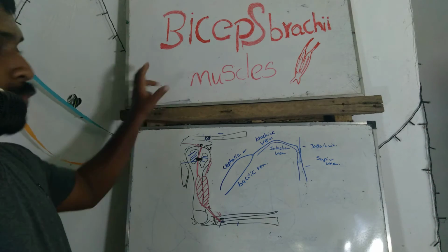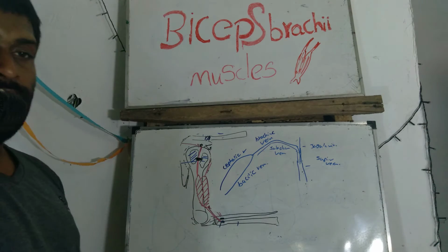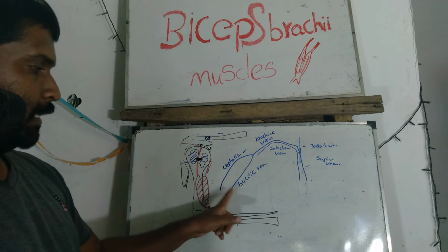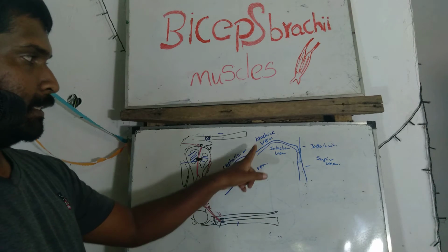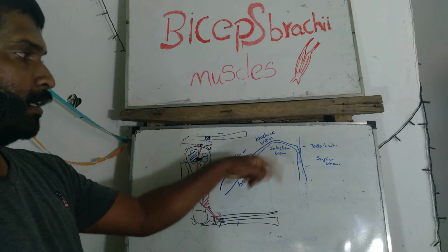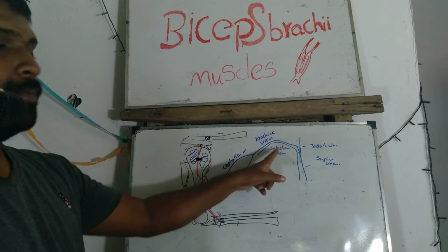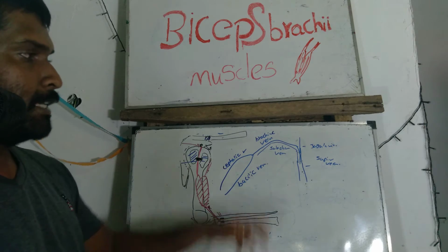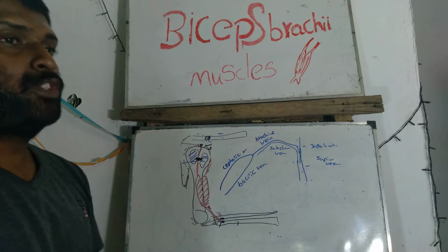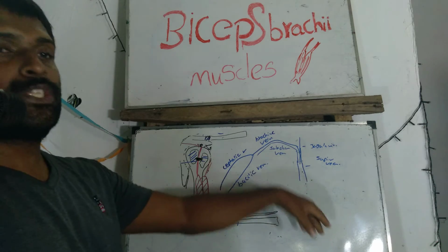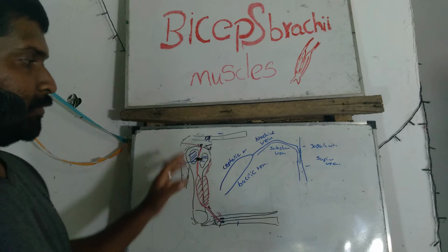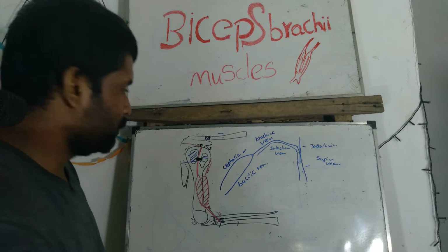The blood returns from the biceps brachii muscle, laterally by the cephalic vein and medially by the basilic vein, then goes to the brachial vein and subclavian vein, connects to the jugular vein and superior vena cava, and goes back to the heart. Now that concludes the venous return.